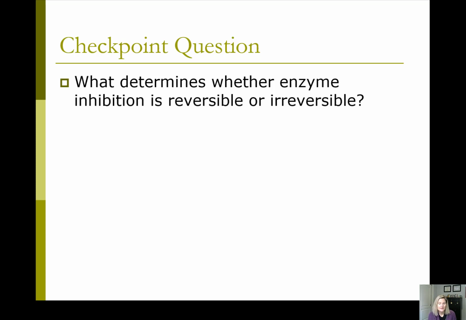Say, for example, a competitive inhibitor might just have a weak bond to the active site. Once that bond is broken, the active site is available for the substrate to bind to it. That would be considered a reversible enzyme inhibition.